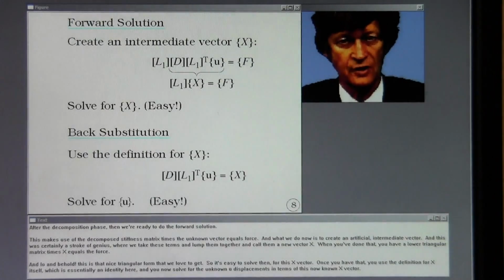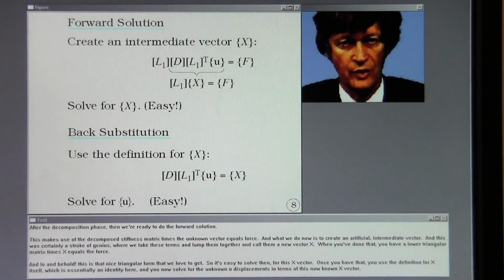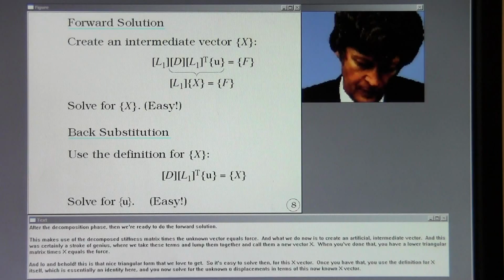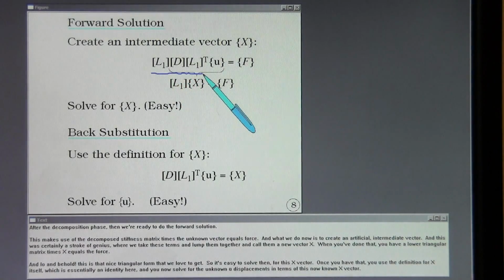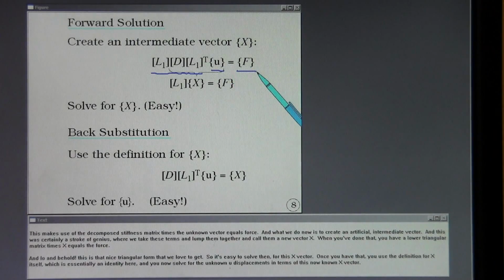After the decomposition phase, then we're ready to do the forward solution. This makes use of the decomposed stiffness matrix times the unknown vector equals the force. And what we do now is to create an artificial intermediate vector.